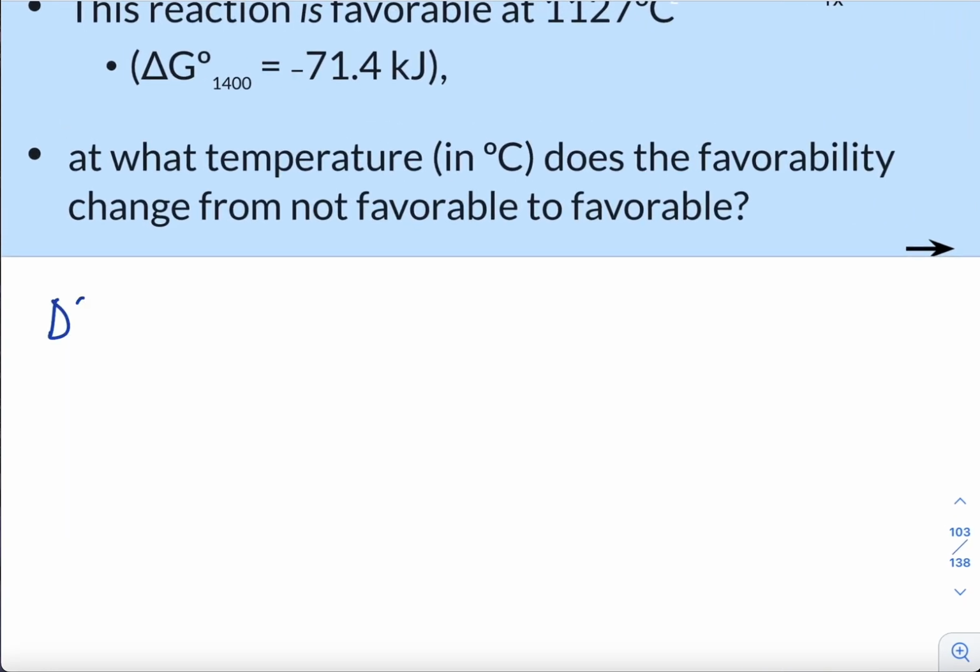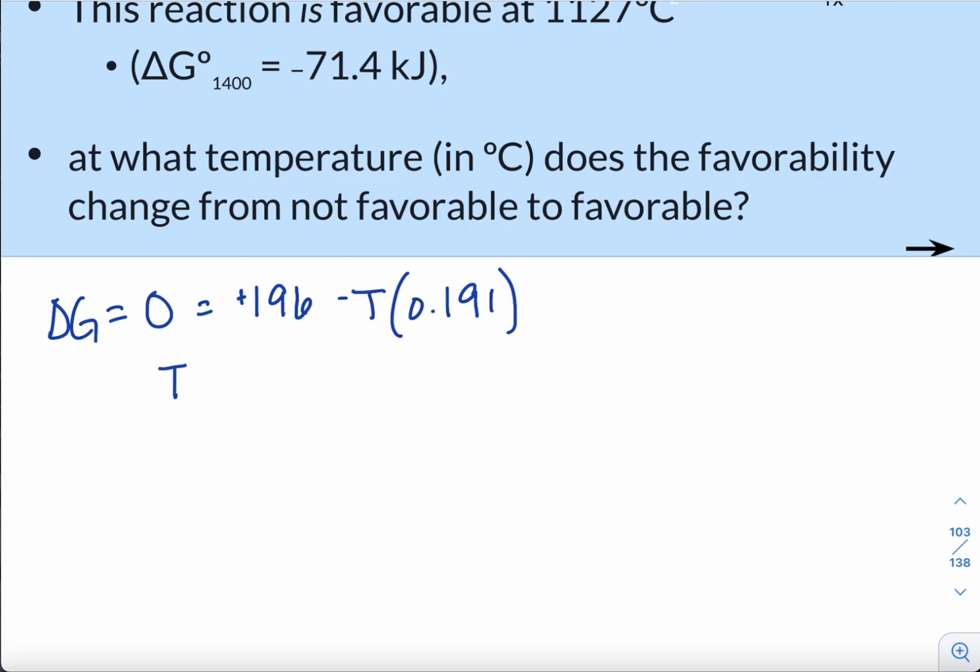So if we set delta G equals 0 and keep our delta H and delta S the same that we've been using for all of them, so positive 196 for delta H, we're going to solve for T here, and our delta S converted to kilojoules is this.